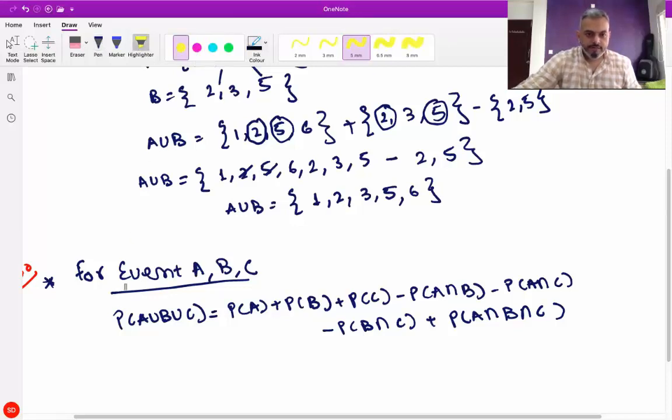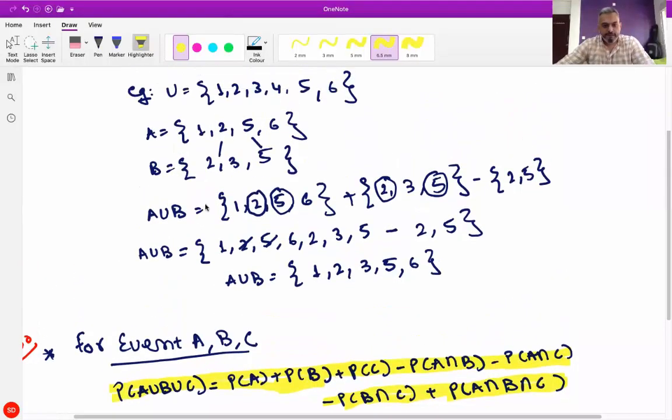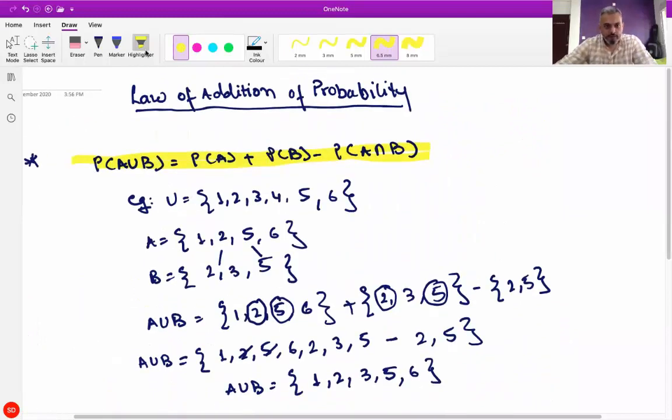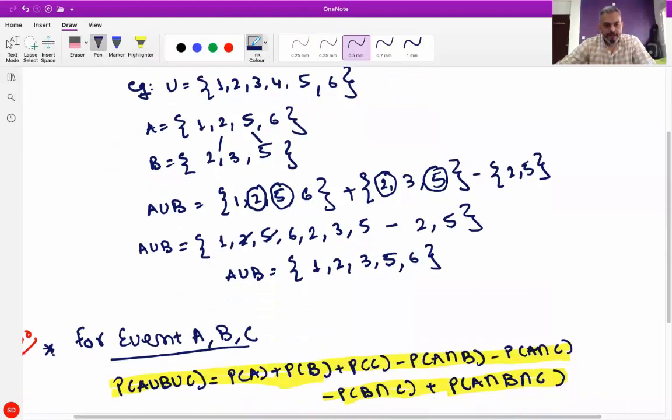Again important. Now see the first one what we did, and the second one what we did.